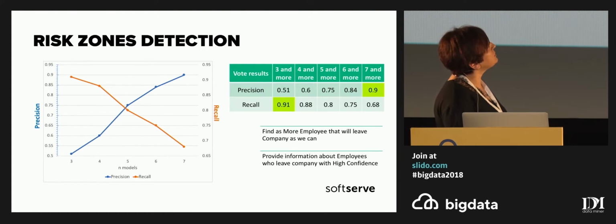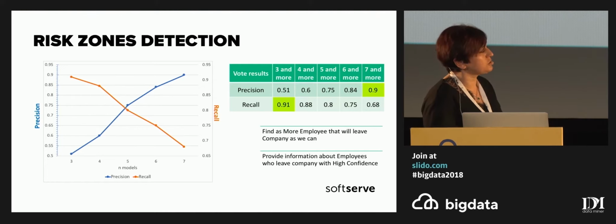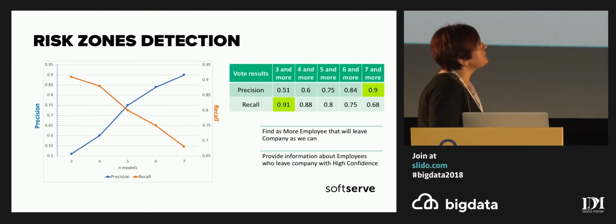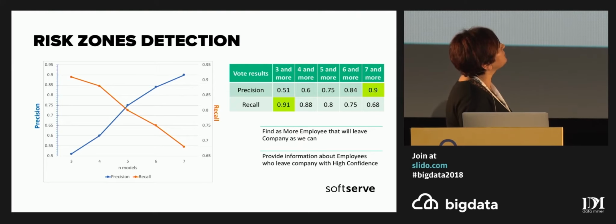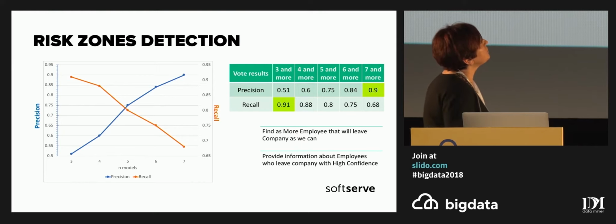So right now we consider several results of applying this rule: 3 and more models, 4 and more, 5 and more, 6 and more, and 7 and more. In this case, you can see some extreme results. First one is 3 and more, and the last is 7 and more. The first result, 3 and more, provides us very good recall.